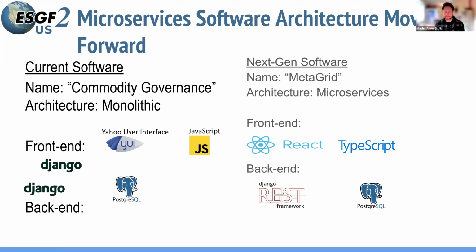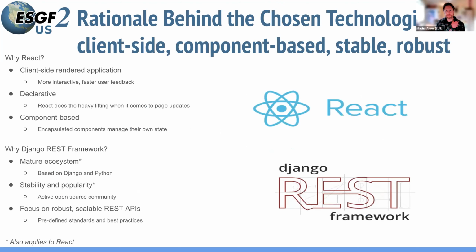With microservices, the different components are better decoupled, so the front end and back end are served from different components. It just makes things more flexible. So we definitely had a rationale behind choosing these particular technologies. What React gives us is a client-side rendered application, which is more interactive on the user end.